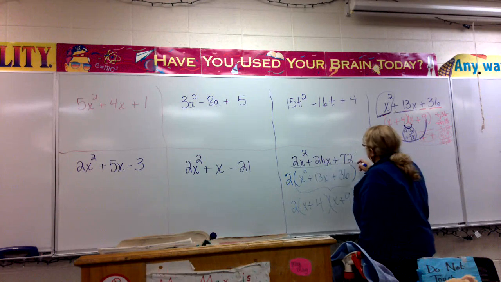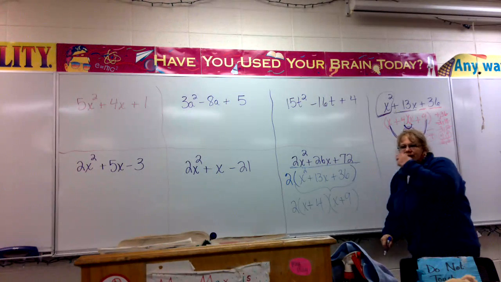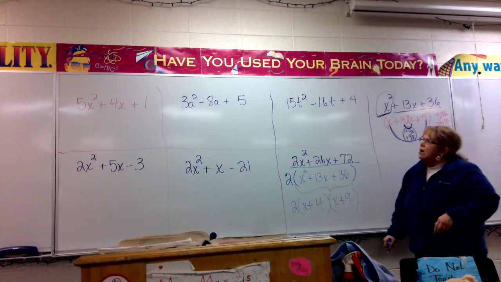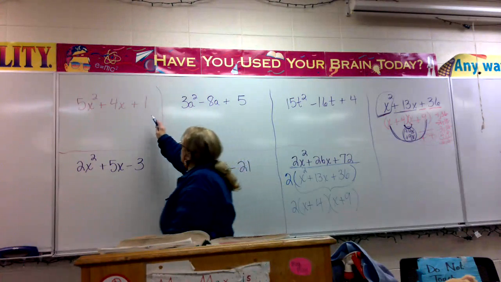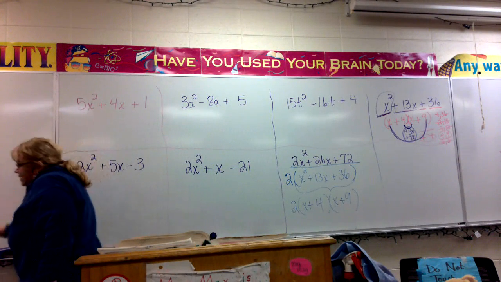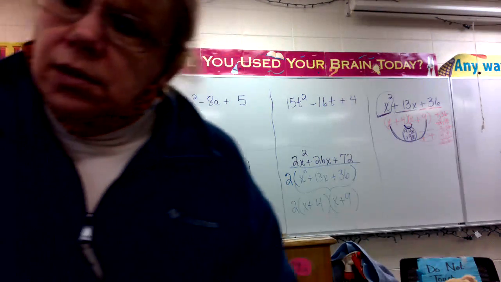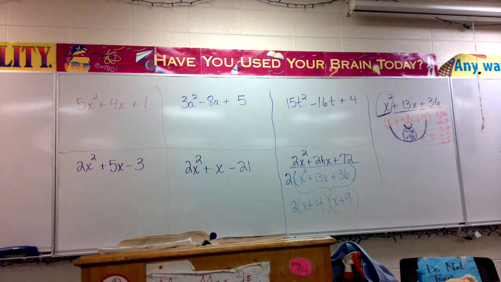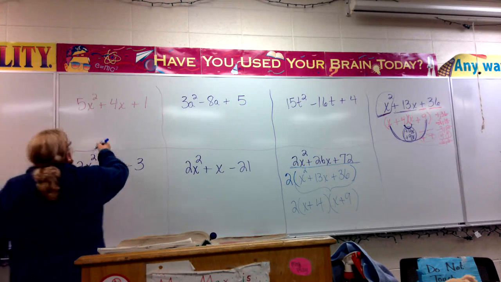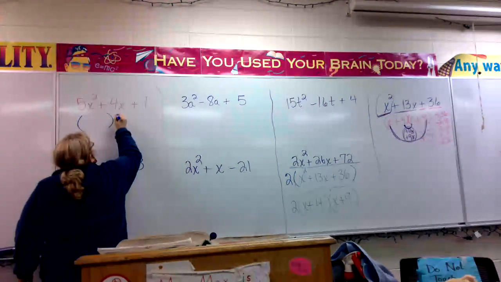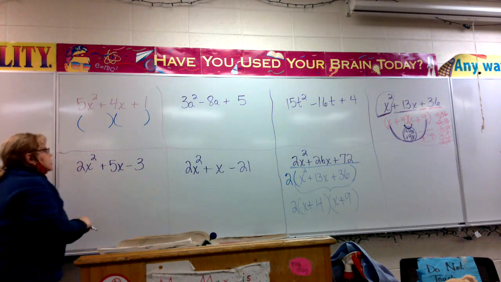So sometimes you'll be able to take out a common factor. Not always. If you look at this one, can I take anything common out of there? Can I? Can I? No. Nothing common.